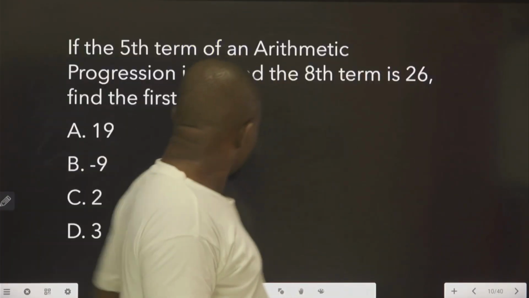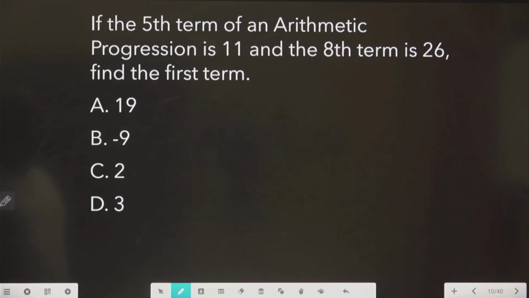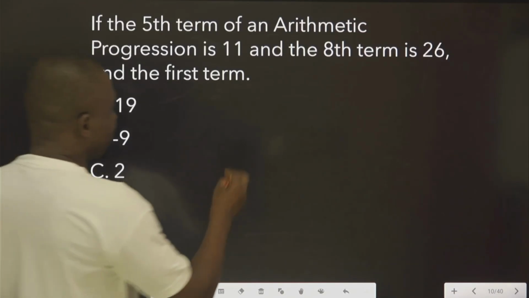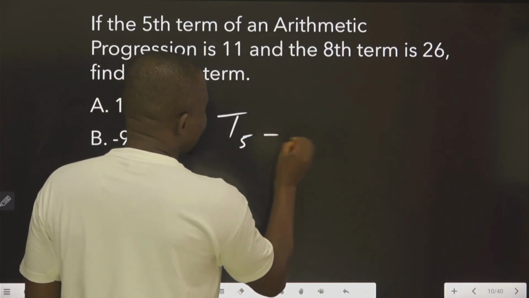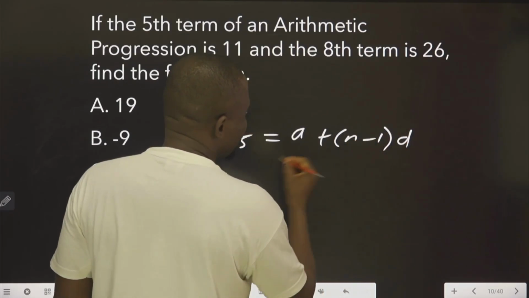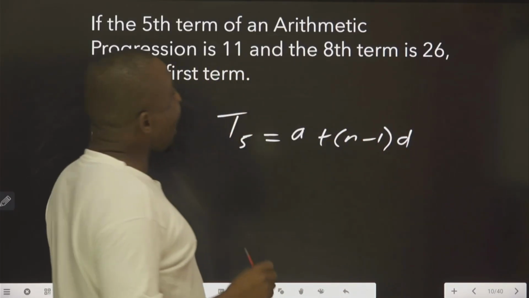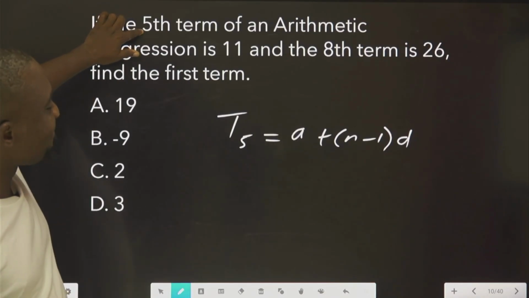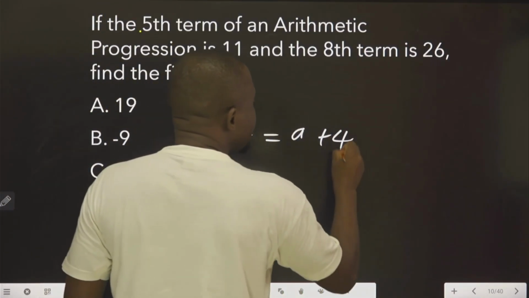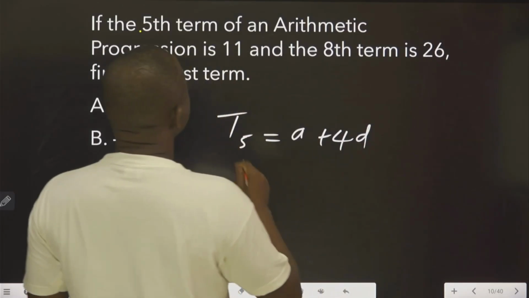Hope you understand this. Let's look at this. It says if the fifth term of an AP, that is arithmetic progression, is 11, the fifth term is A plus (N minus 1)D. So instead of N, we put 5. 5 minus 1 gives us 4, so simply 4D, equals 11.